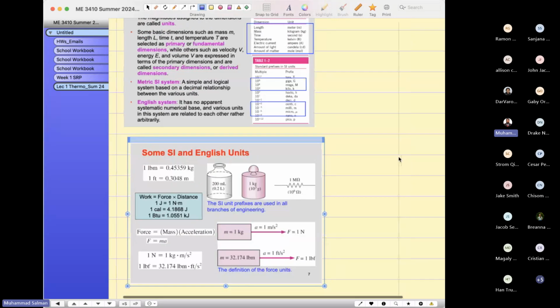Some of the unit conversions are written here.